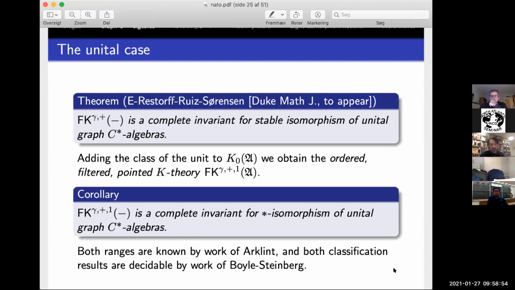And we also know that actually these are decidable properties, because you can translate this into something that's been studied in symbolic dynamics by Boyle, and a recent paper by Boyle and Steinberg that prove that this is decidable. So there's a theorem saying that there is an algorithm for checking these kinds of things.